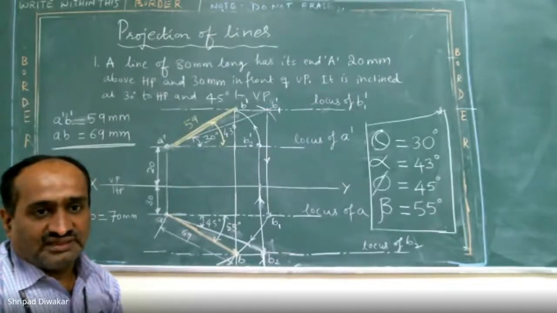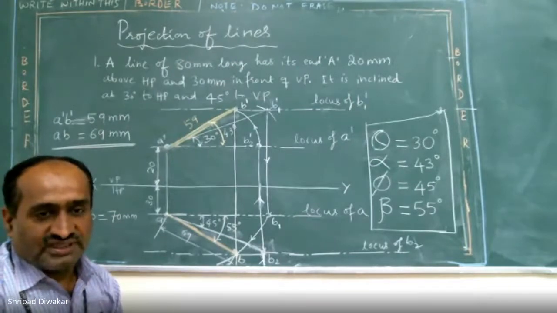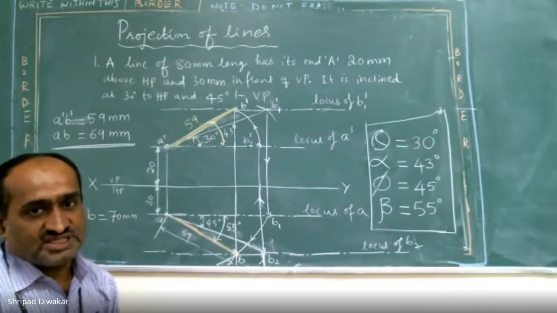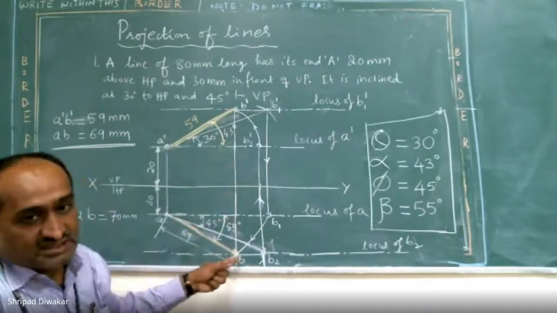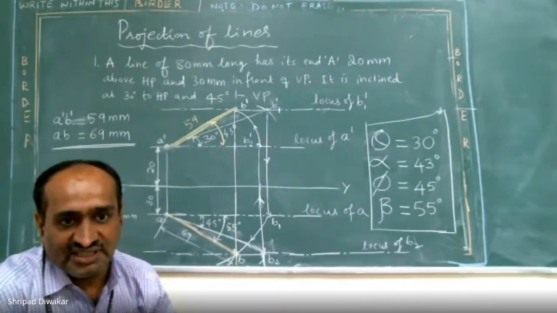So what is the true length, true inclination, apparent length, apparent inclination, how to measure and how to take the distance, how to get the confirmation. Once you join B and B dash, suppose they lie on the same line, then only your problem is correct, meaning you have not made any mistake.